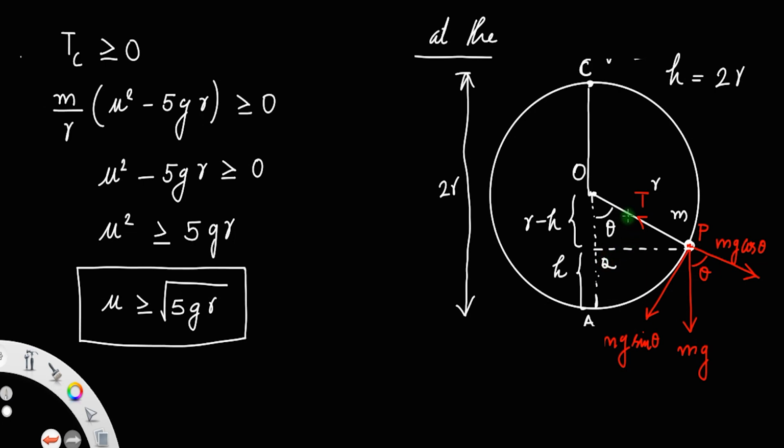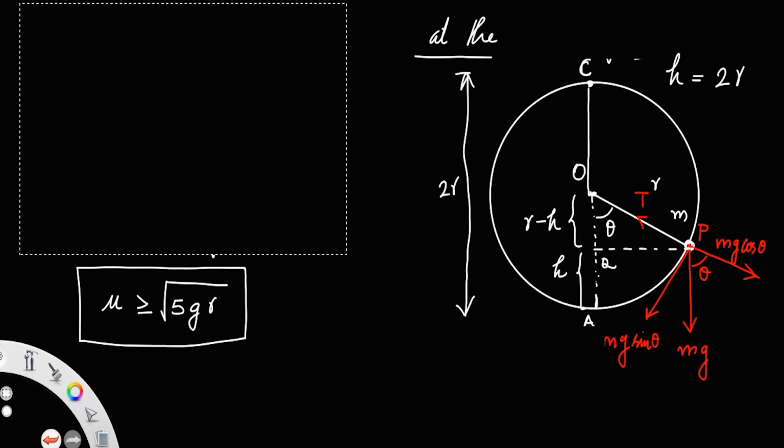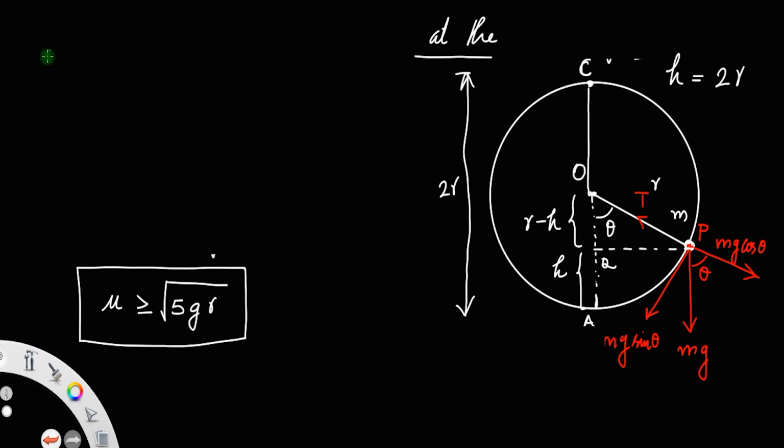There arises a question: what is the velocity at the point C? For that, you can take the expression we first derived for velocity at any point: v is equal to root of u square minus 2gh. Clear?